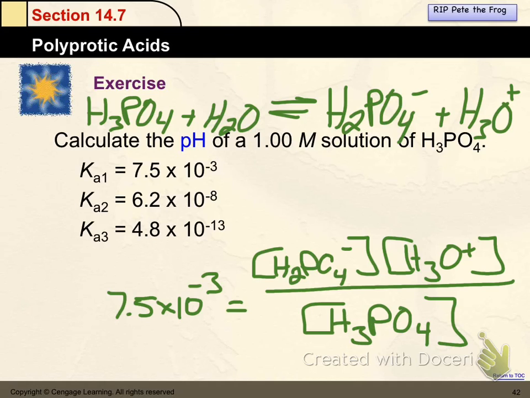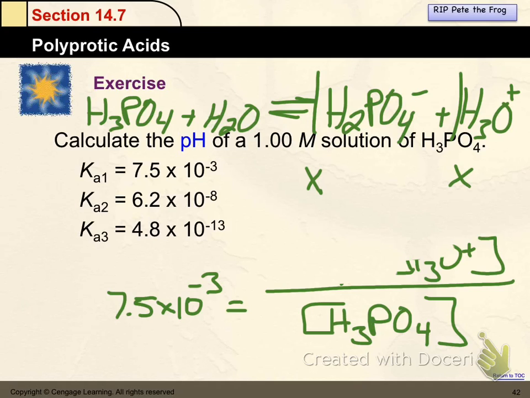So if we set up our ice table, remember I said in class today, your ice tables maybe start becoming a little bit overboard right now. You kind of know what's happening. If you look at the stoichiometry on the right side of the equation, you've got a 1 here and a 1 here. So that just means our change is going to be x and x. So the top of our equilibrium expression then is just going to be x squared.